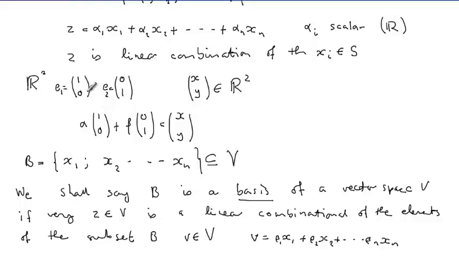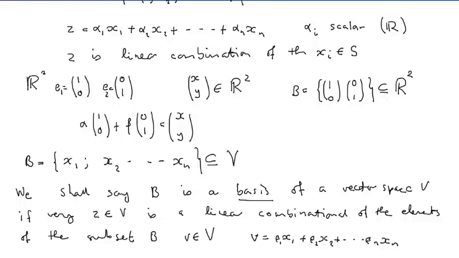So coming back to what we have here, we've got B equal to (1, 0) and (0, 1). This is a subset of R2, and we've already indicated that we can show that any vector in R2 is a linear combination of these two vectors.